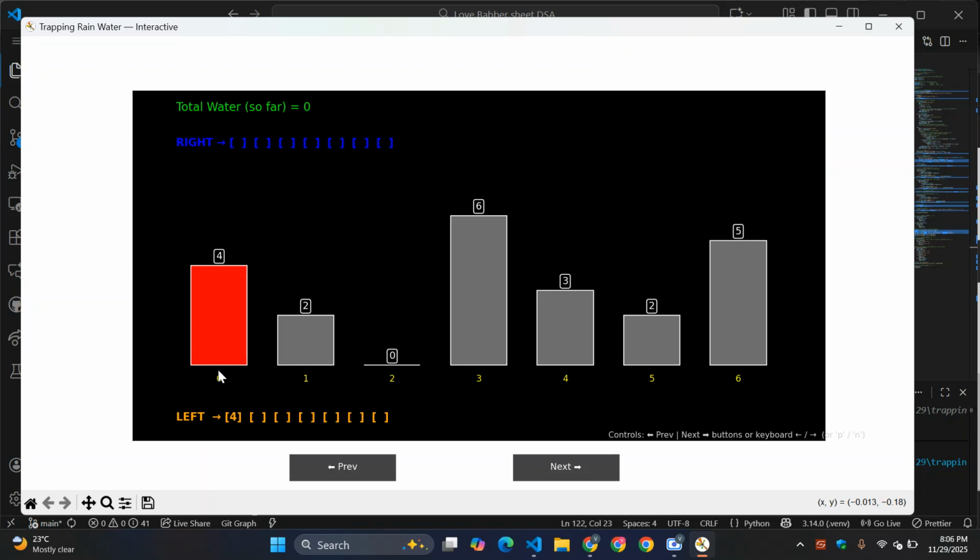So in that same way, I am storing the maximum value at each index from left to right, and in a similar way from right to left. While storing, I created these left and right vectors so you will get a clear idea. Here is a 4, again 4, 4, then 6, then 6, 6, and 6.